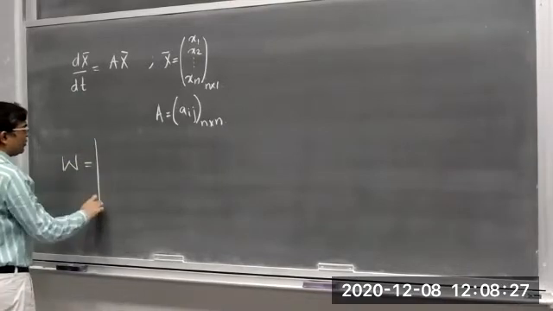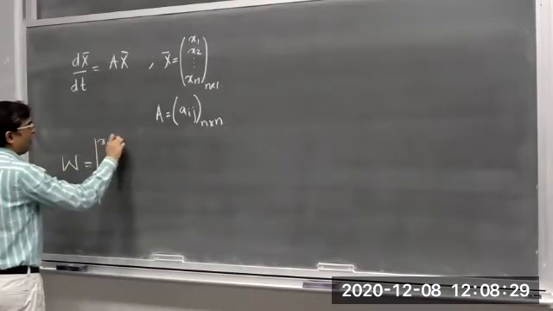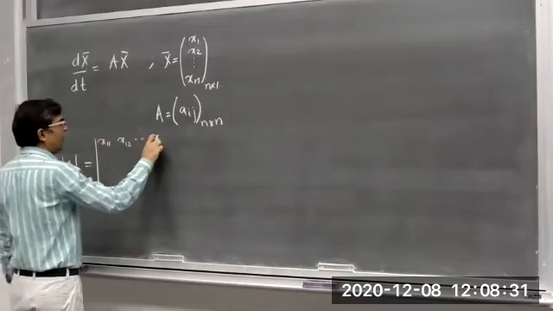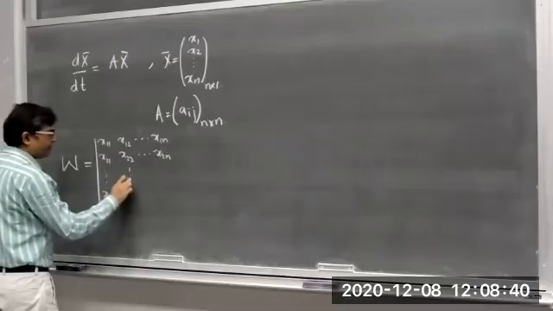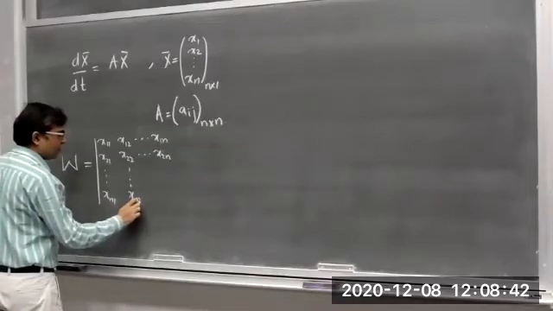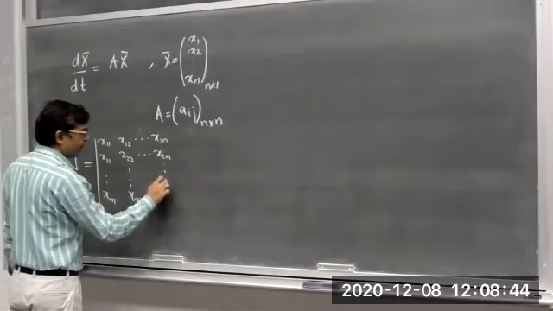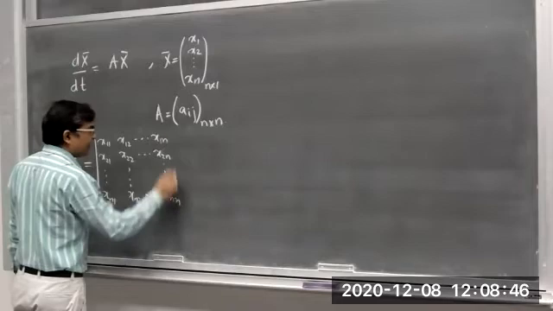The Wronskian was x11, x12, and so on, x1n, x21, x22, and so on, x2n, and so on, xn1, xn2, and so on, xnn.